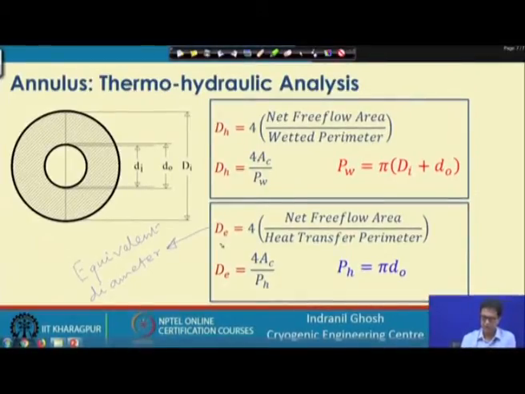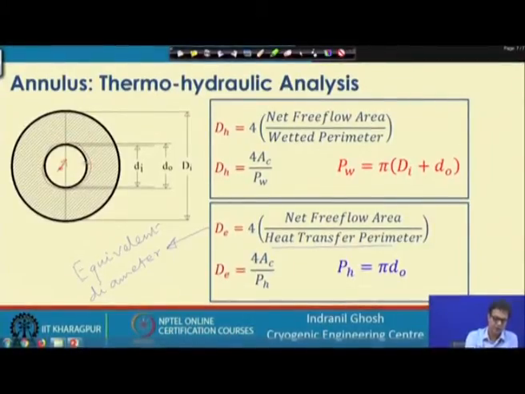This equivalent diameter. Now, what is the heat transfer perimeter? The heat transfer is occurring only through this area, because we have the inner fluid flowing through this tube and another fluid flowing at the annular space.